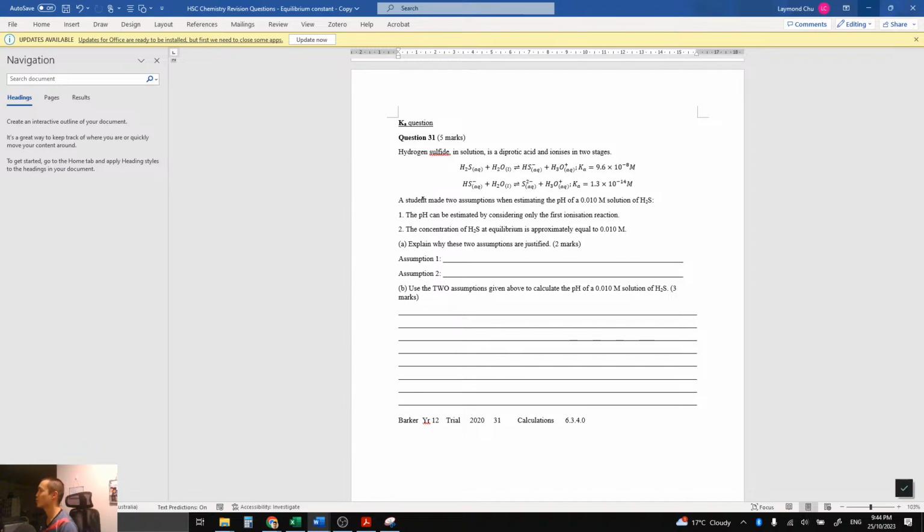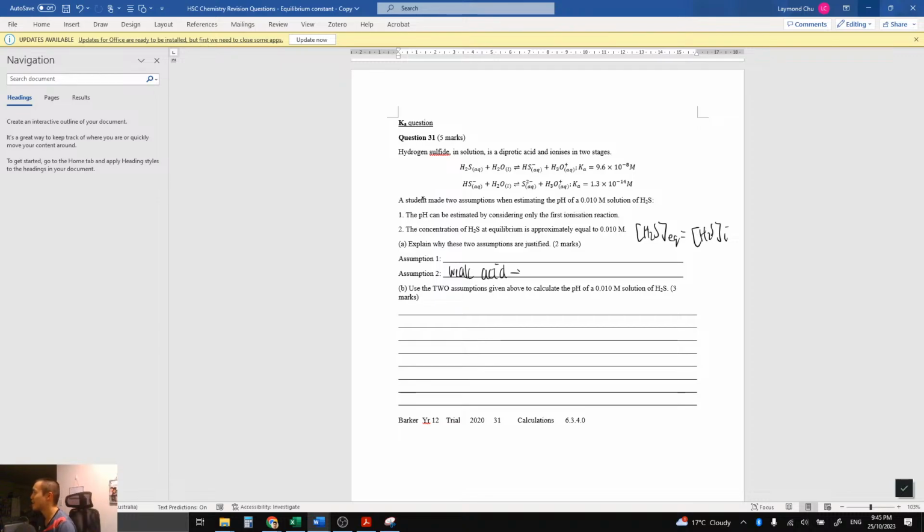Why can we assume the concentration of H2S at equilibrium is the same as H2S initial? Very simple. I tell my students there's 3 things. This one is a weak acid. Okay, if it has a Ka value, typically you can denote it to be weak.